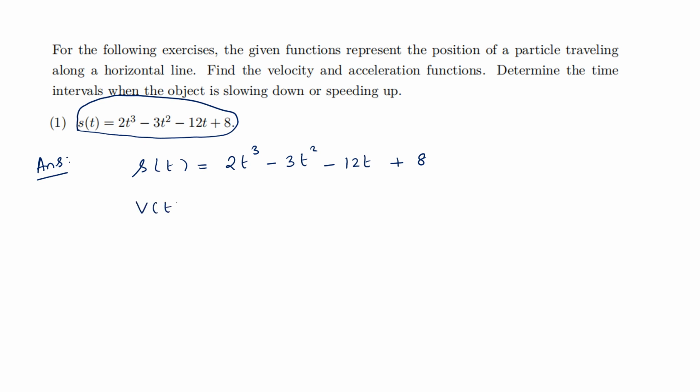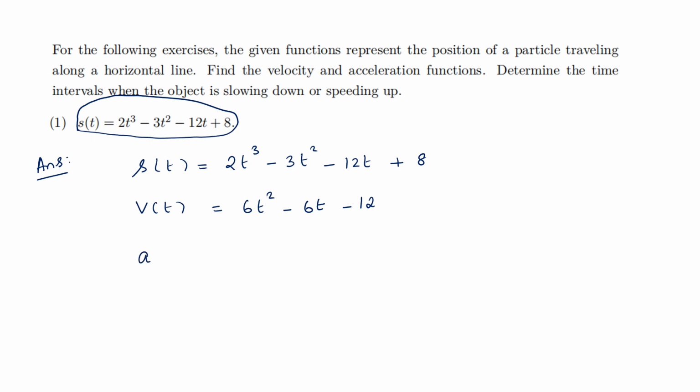The velocity function, v of t, is the first derivative of S of t. The derivative of 2t cube is 6t square, minus the derivative of 3t square, which is 6t, minus the derivative of 12t, which is 12. So that is the velocity function.